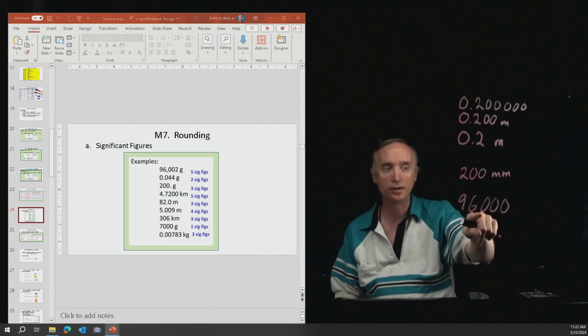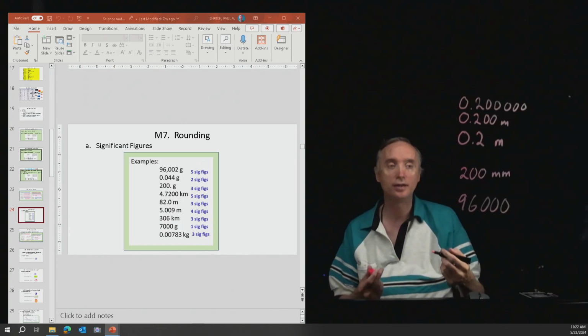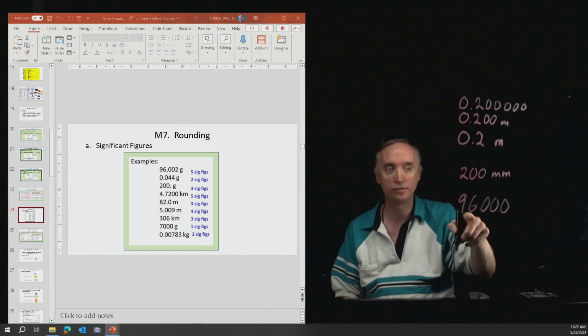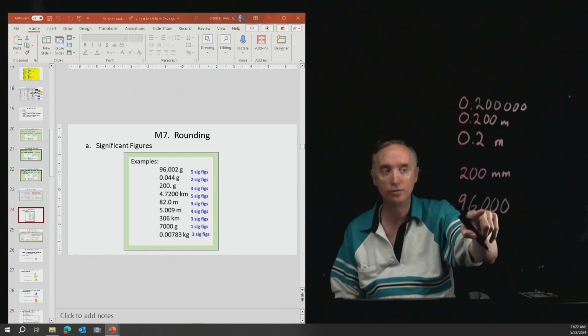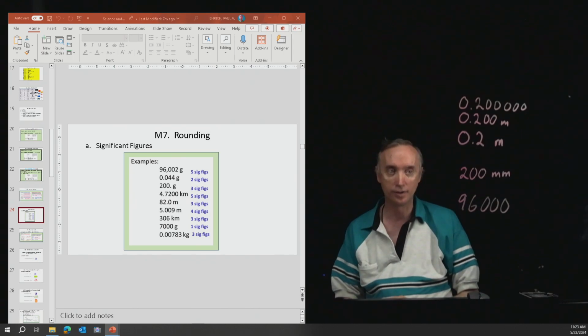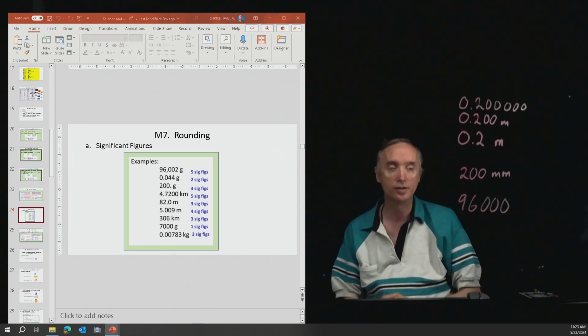Well, if you have zeros on there, you are to assume that you used a measuring device that was that good, and so you have to include those zeros. Therefore, it's going to have 1, 2, 3, 4, 5 significant figures.